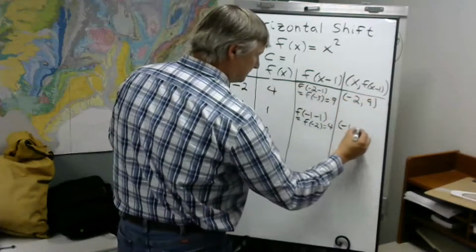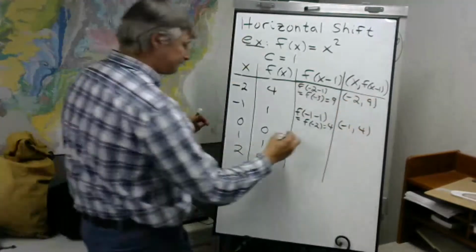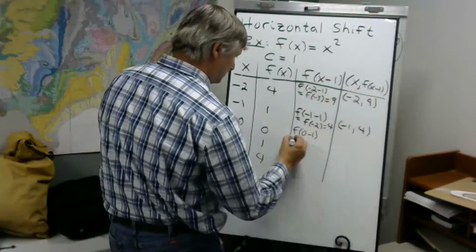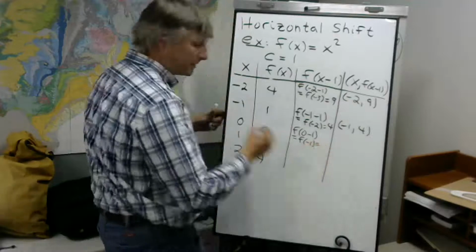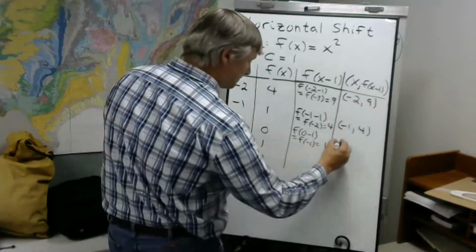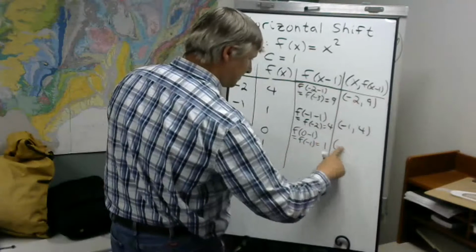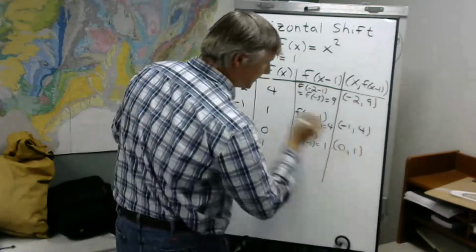Still going to be negative 1. For 0, f of 0 minus 1, which is f of negative 1, square negative 1, you get 1. Oh, 0. Yeah, I got to be careful of that too. There we go.